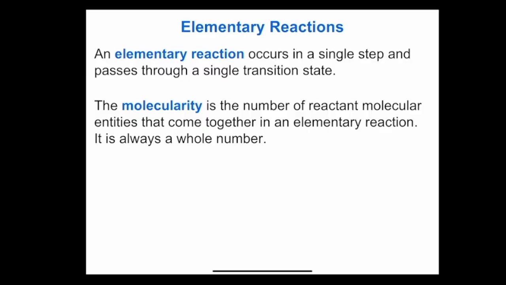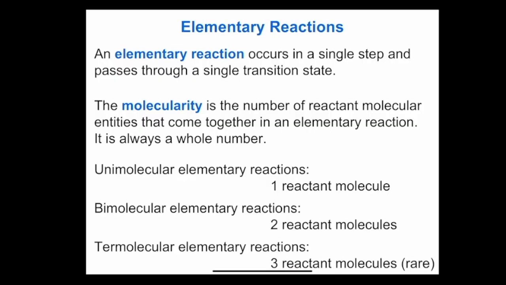We also can break down these elementary steps into names based on how many molecules are involved. This matters because different molecularities, how many molecules are needed just for that elementary step, change fundamentally how we think about them. The molecularity is equal to the number of molecules that must be involved as starting materials in some elementary step.